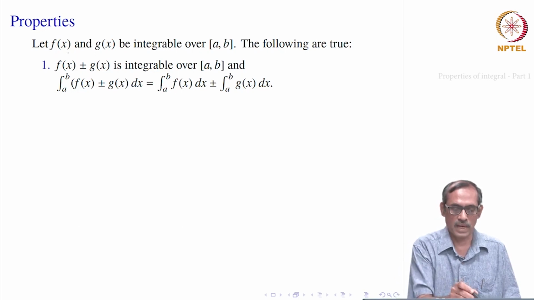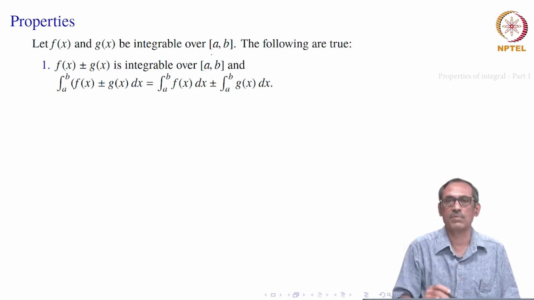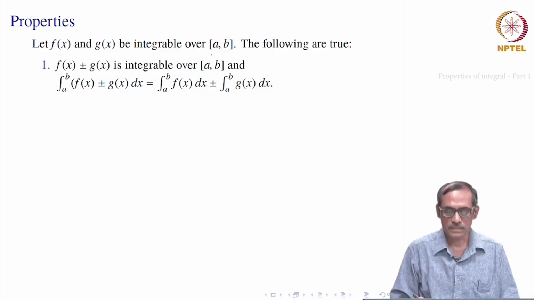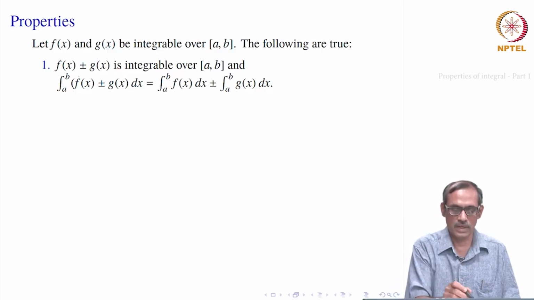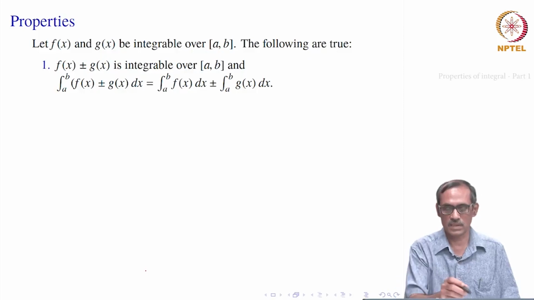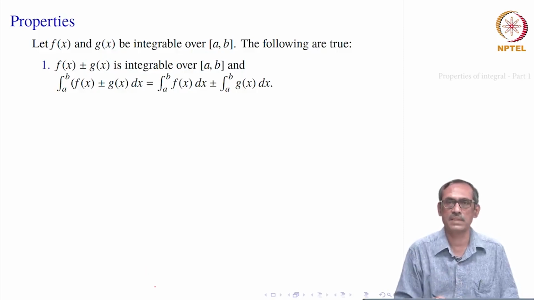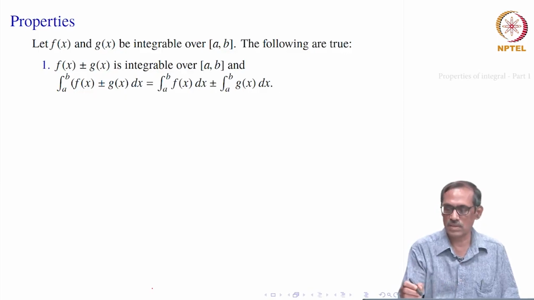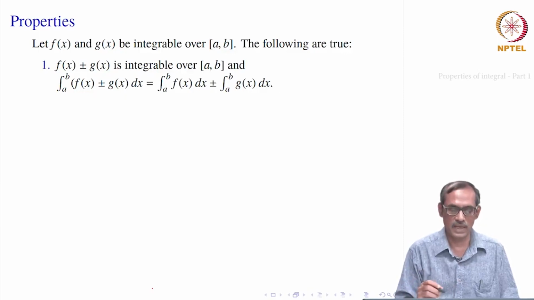Now, assumption is that f(x) and g(x) are integrable over [a, b]. So, that means their integral exists. The first one is f(x) plus g(x), the sum of these two functions, that is also integrable, because f and g are integrable. That is easy to see, because in the Riemann sum, when you take c_i, for every c_i the limit exists.